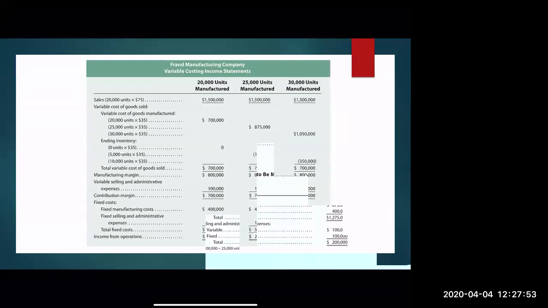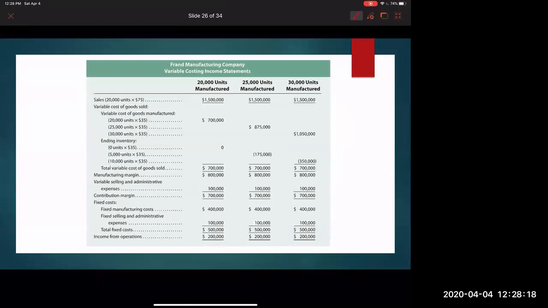In fact, the book went on and did you a favor and even further explained the point using another variable, which is 30,000 units. Regardless of how many units you produce, your sales level remains the same, so you should see $1.5 million across the screen, no matter how many units you produce.